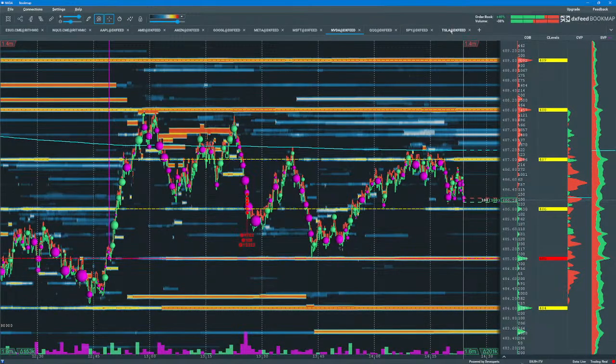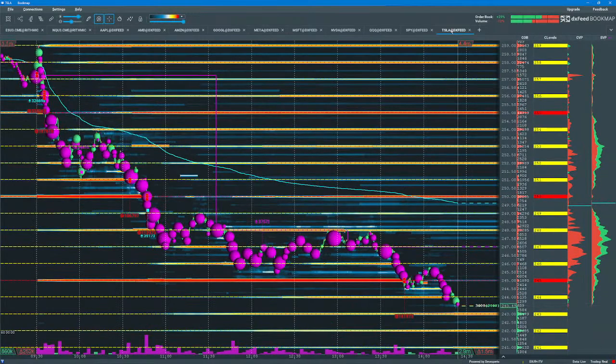Go to Tesla. All right, the downtrend continues in Tesla.